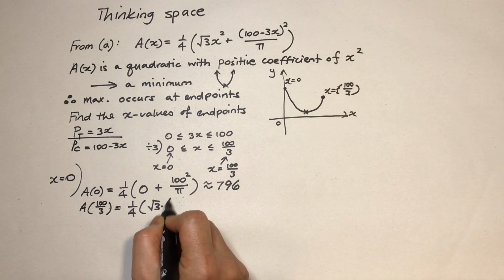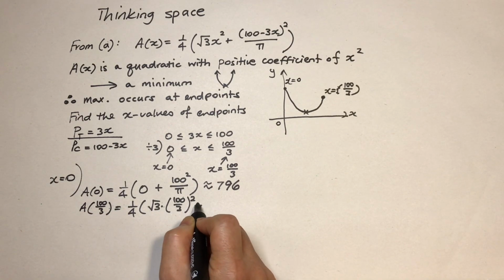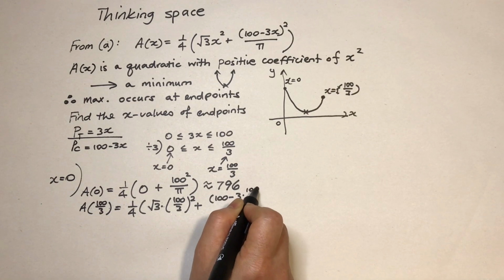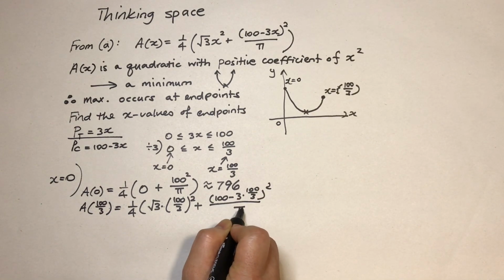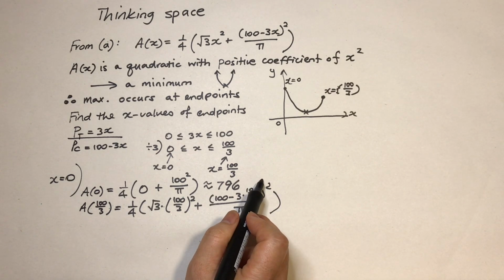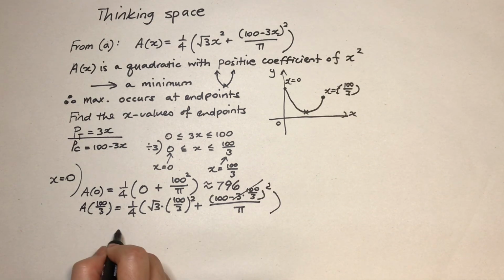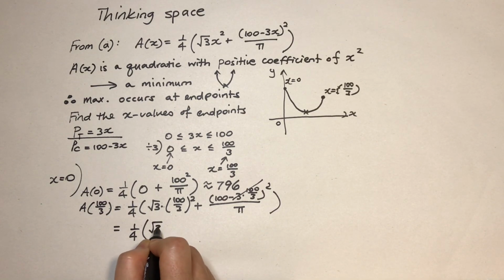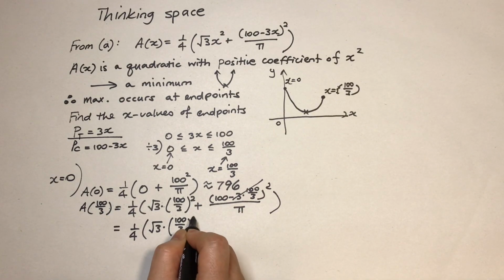When x equals 100 over 3, I'll get 1/4 times √3 times 100 over 3 squared plus 100 minus 3 times 100 over 3 squared all over pi. Now that's going to be 0. So the whole thing will be 0. So what I have left is 1/4 times √3 times 100 over 3 squared.